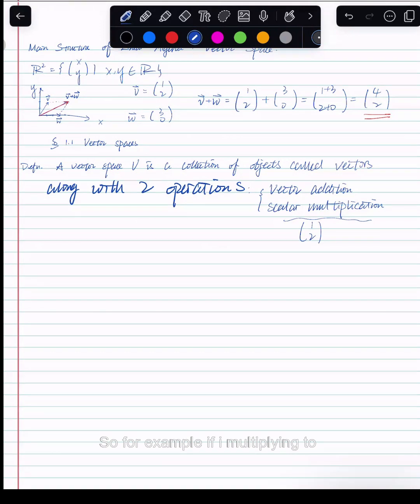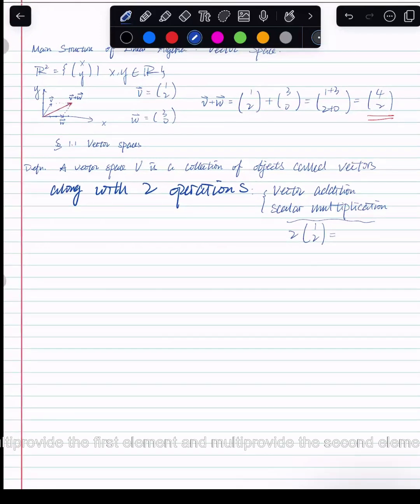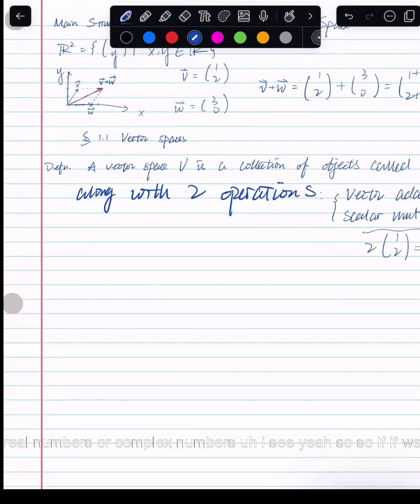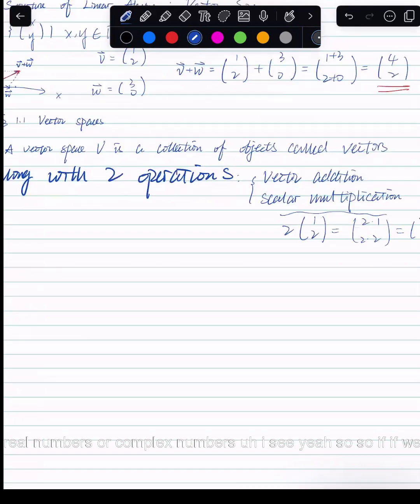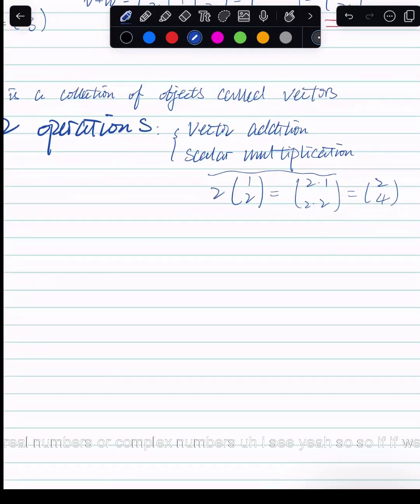For example, if I multiply 2 by the vector 1, 2, I multiply 2 by the first element and by the second element, and that would be 2, 4. How do you define a scalar? That's a good question. Scalars are either real numbers or complex numbers.